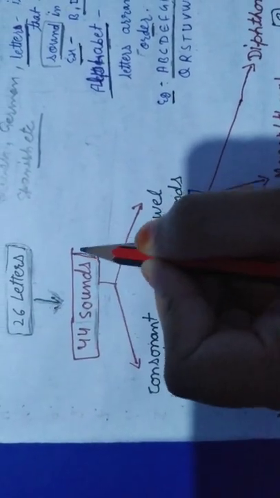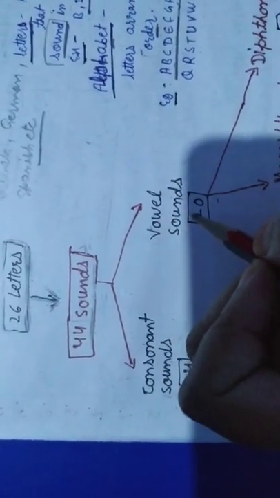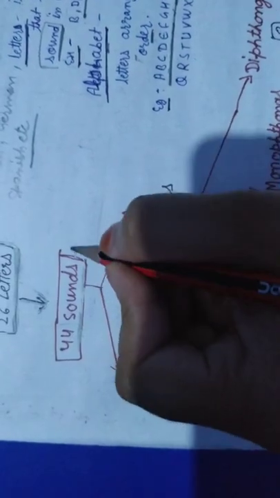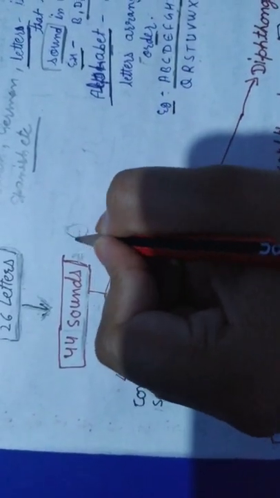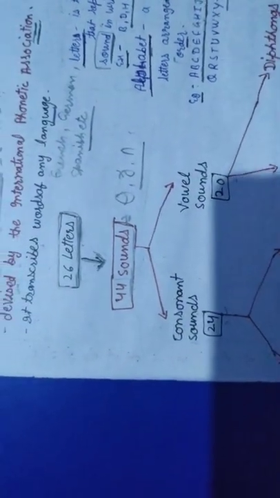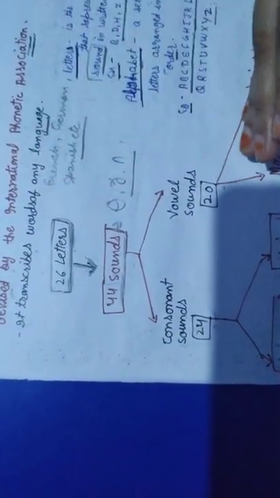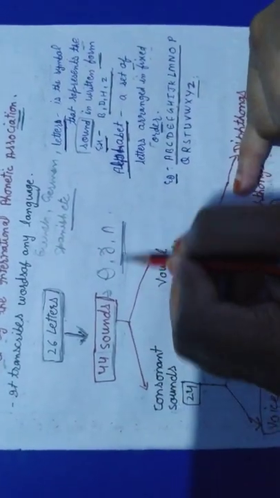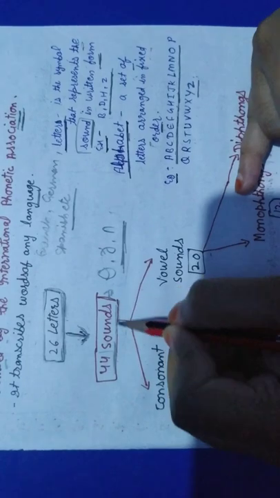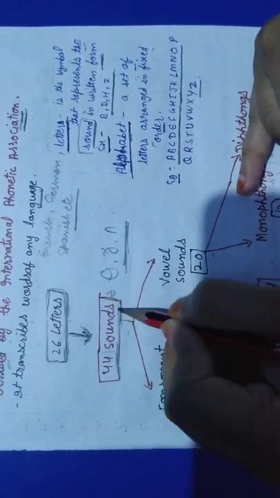So here phoneticians use the Greek language, and they adopted Greek sounds like th, the, like that. They adopted sounds from the Greek language. Now I hope you understand how they made 44 sounds.